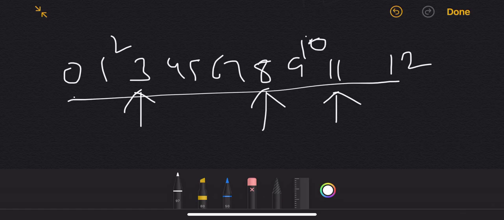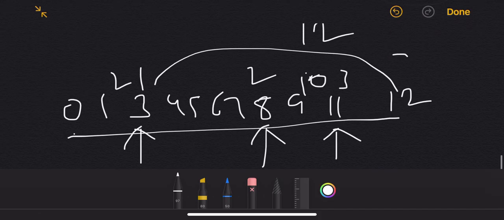For example, 3, we can come to 3 somehow with 1 hop. We can come to 8 somehow with 2 hops. We can come to 11 somehow with 3 hops. So what is the best solution in our case? We take 3 only, right? We add 9 to 3 and we can come to 12 with just 2 hops.